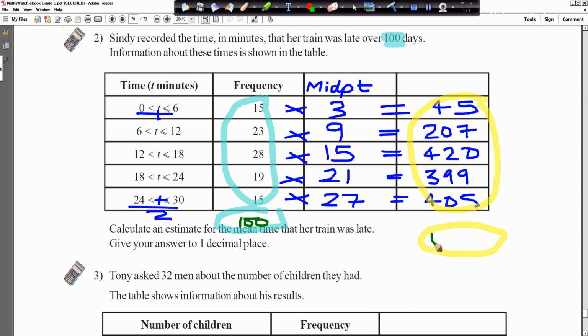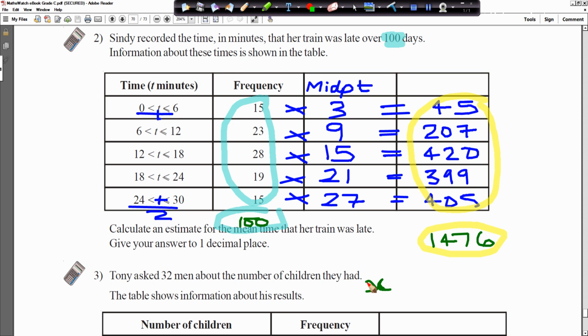1476. I want somebody else to confirm that for me, please. 1476. Okay, now these two values we have to divide. To work out the mean, let's change color once more to red.